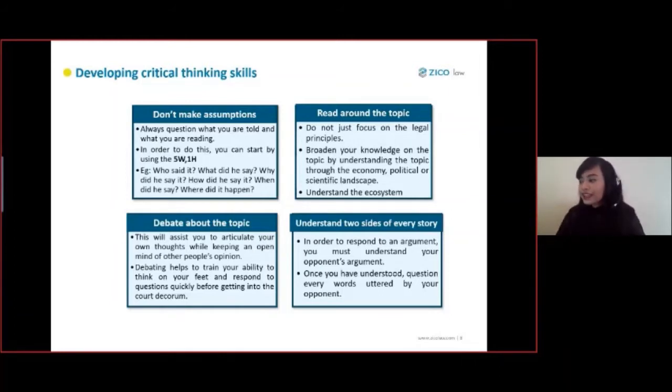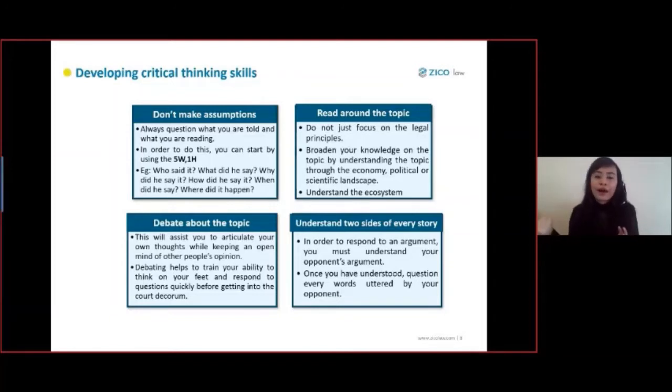Now, fourthly, this is in connection to why you should debate with your former team members or your friends about the legal question or moot problem given to you. The reason I ask that you debate is so that you can understand the two sides of every story. If you want to be an effective respondent, you need to know the reason or the mindset of your opponent.